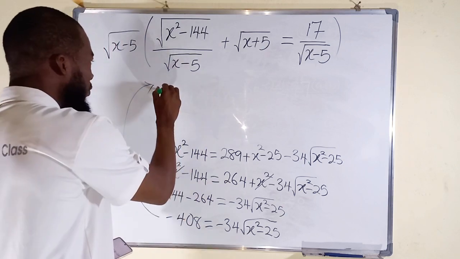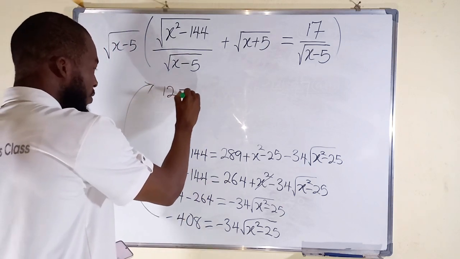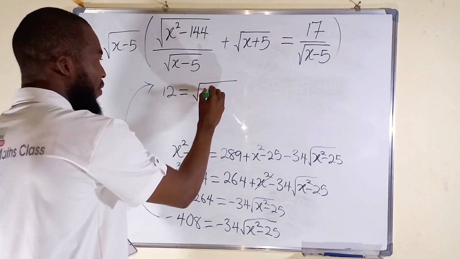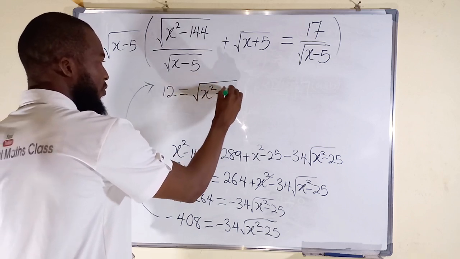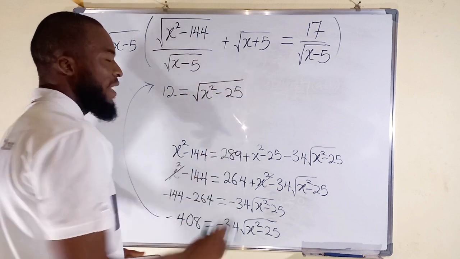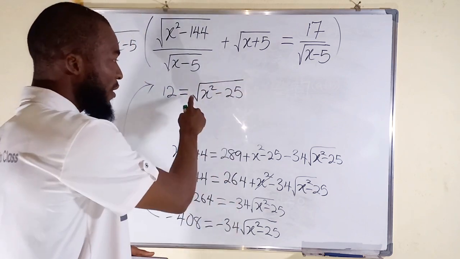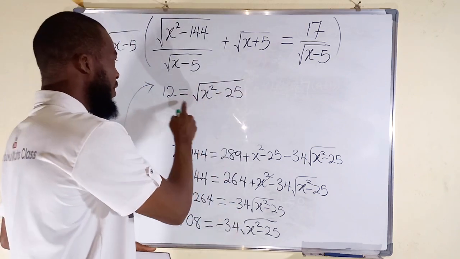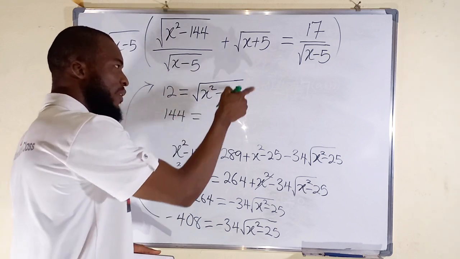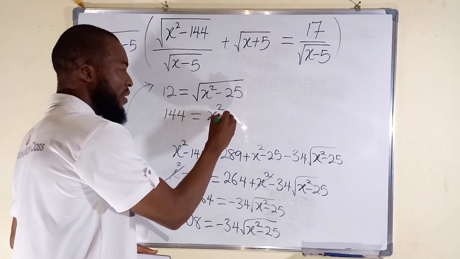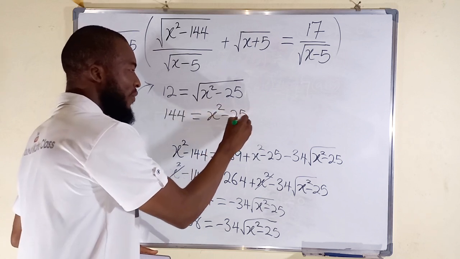The negatives cancel, so we have 12 equal to the square root of x squared minus 25. Next, we can square both sides in order to clear this square root. Square this, you have 144. Then you square the other side, you have only x squared minus 25.